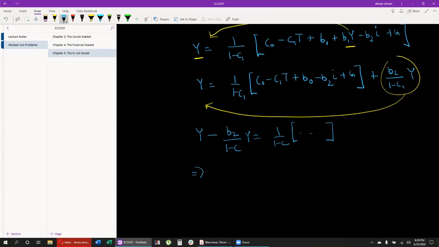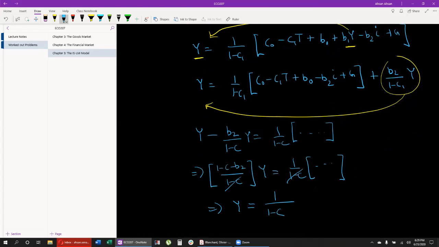So this becomes 1 minus c, 1 minus y equals 1 minus c, what we have in here. And so if we simplify, we get y equals 1 by 1 minus c.